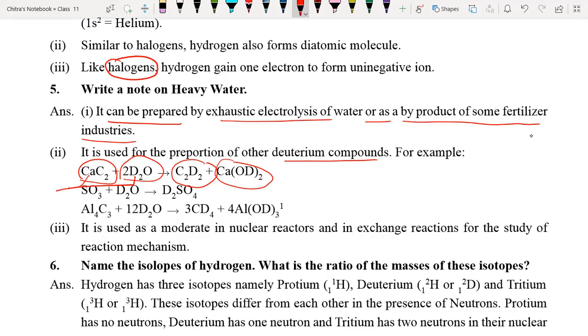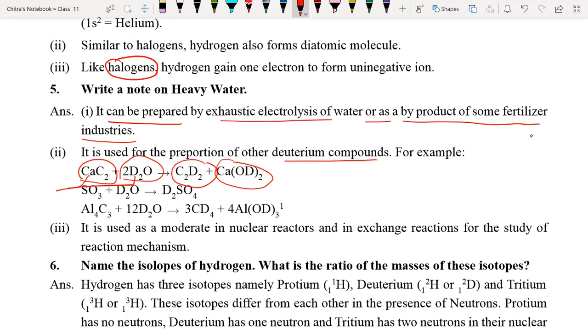So most of the time, generally, the water that we get from the tube well, we know that a tube well is formed by making a big hole, or we can say a bore well, very deep, like 200, 250, sometimes 300 feet underground. In that particular zone, when streams of water are flowing underground, they contain dissolved salts and heavy metals.